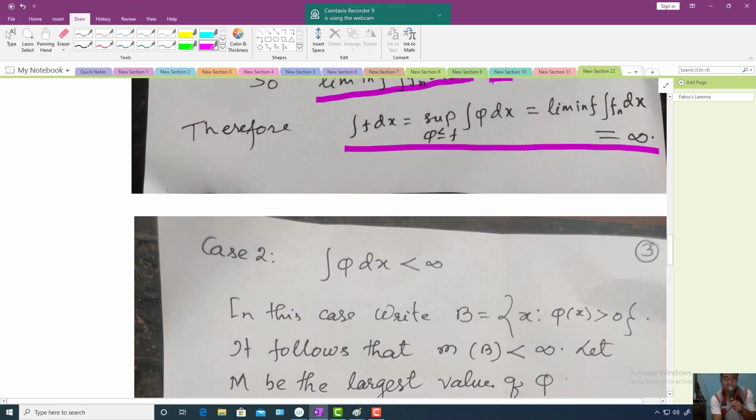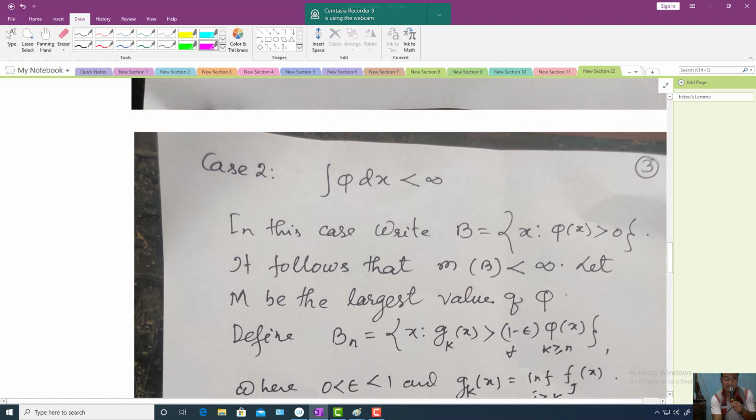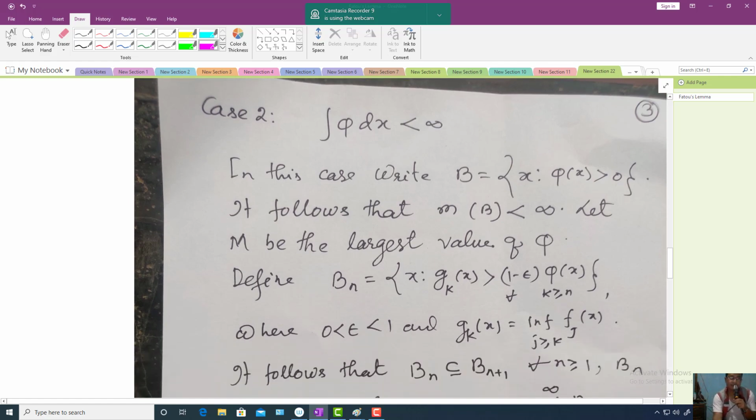Then let us take case 2. Case 2 is the case when the integral of phi is finite, less than infinity. So in this case, let us write B equal to the set of x such that phi(x) is non-zero, non-negative.